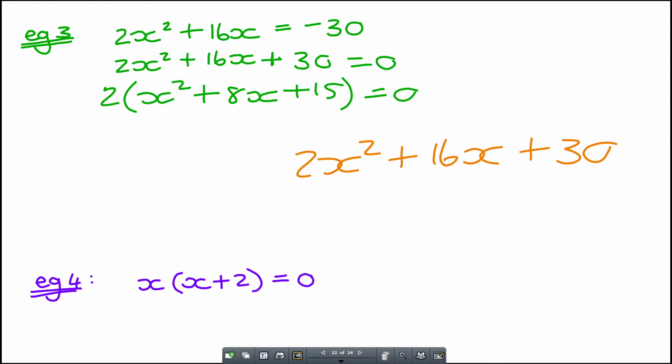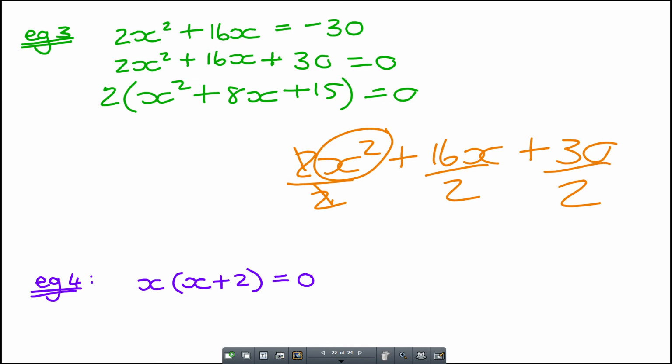Right. So, listen. When I take out a common factor of 2, it's the same as dividing each one of them by 2. Yes. So now over here, can you see x squared is left? Do you see that? Okay.